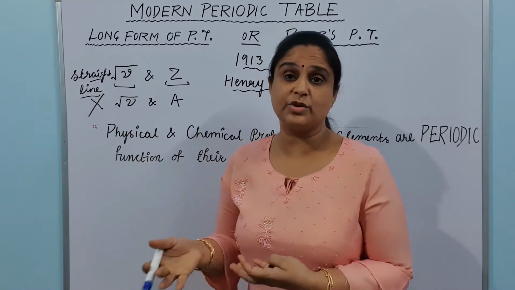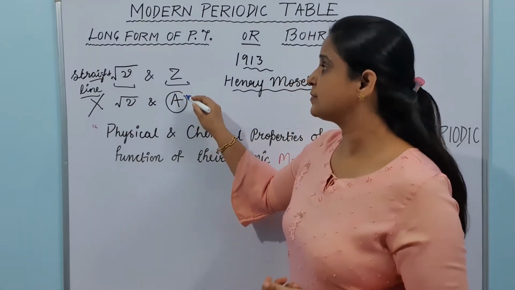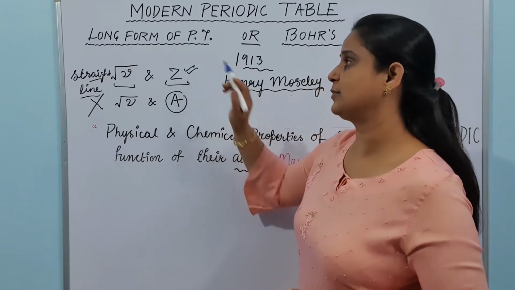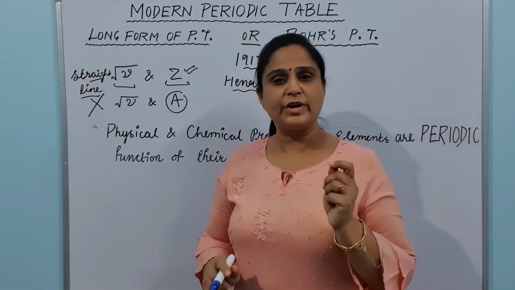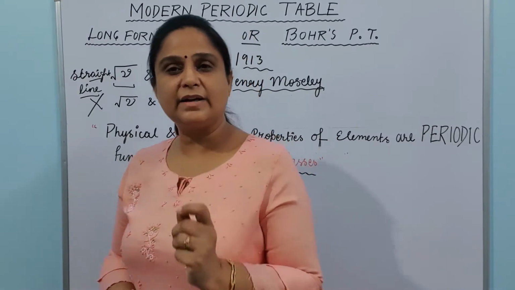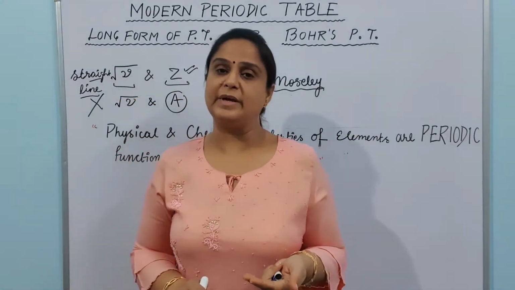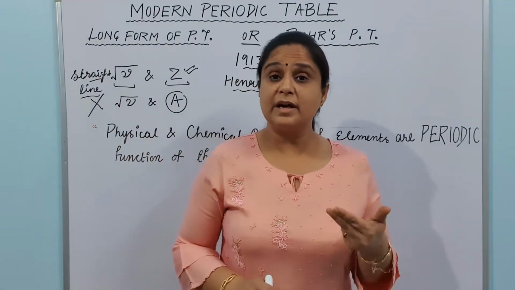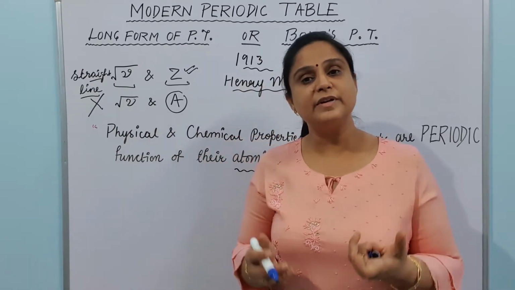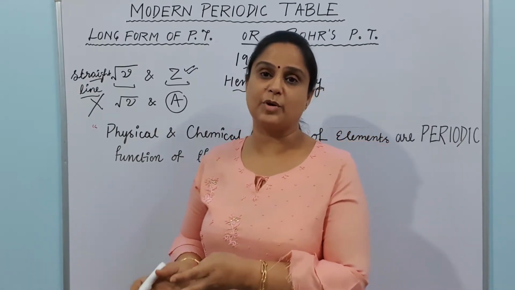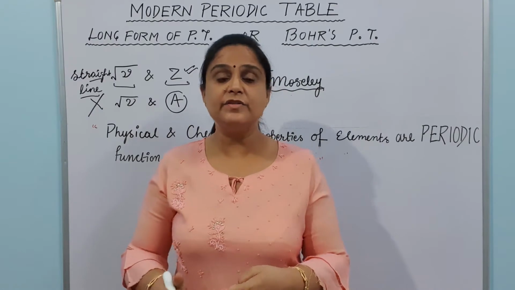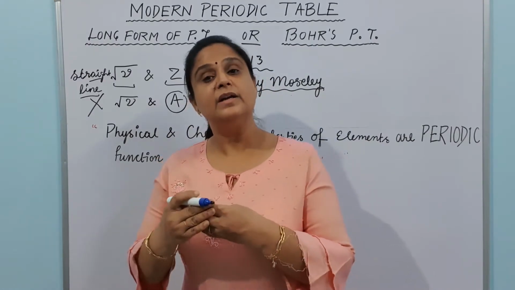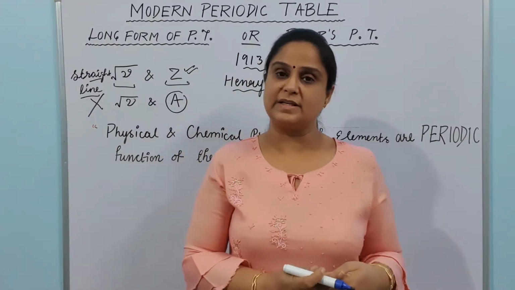So actually it was not depending on atomic mass, but it was directly proportional to the atomic number of the element. So he suggested: why are we bothering about the atomic masses, why are we talking about atomic masses when we want to explain the chemical property of any element? Actually we should concentrate on the atomic number rather than atomic mass.